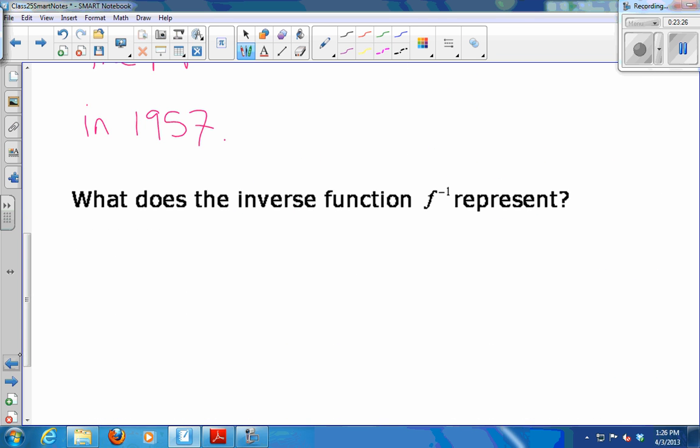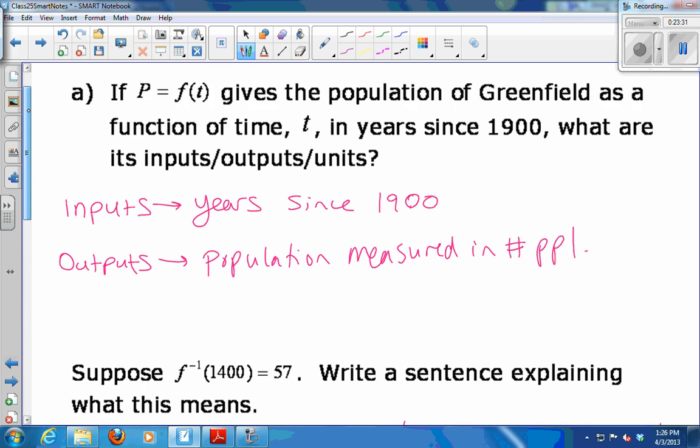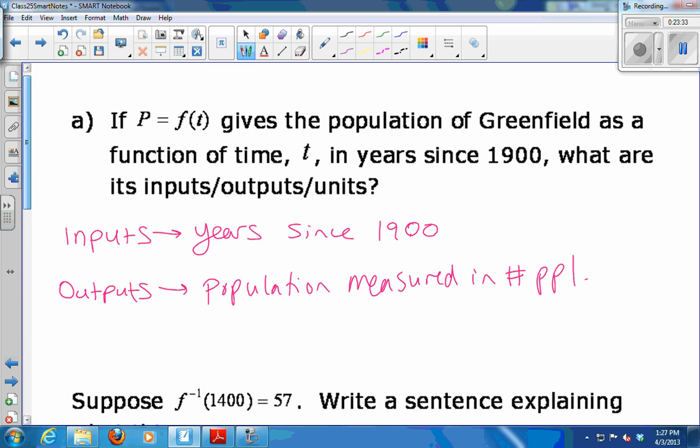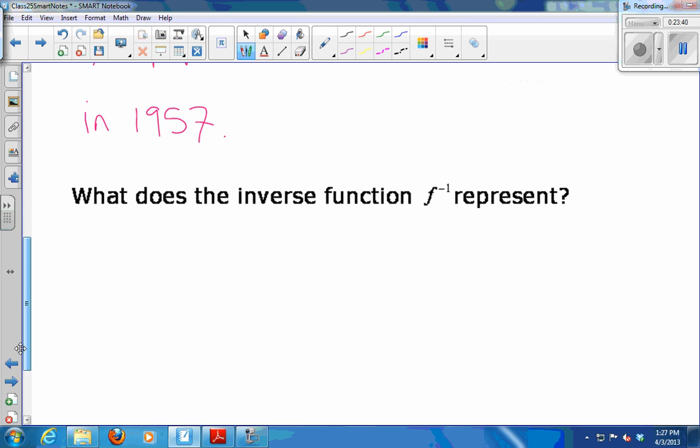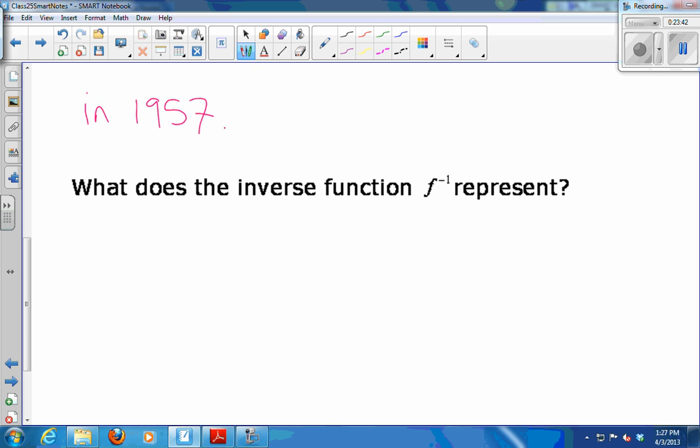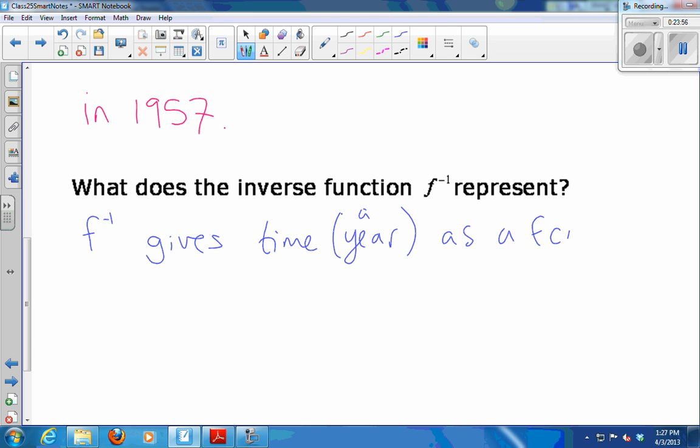All right, so the inverse function in general, kind of like I gave a little sentence explaining what F does, right? F gives you population as a function of time. F inverse gives you time, that is a year, as a function of population.